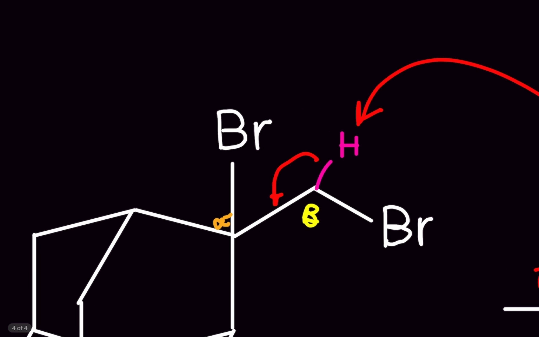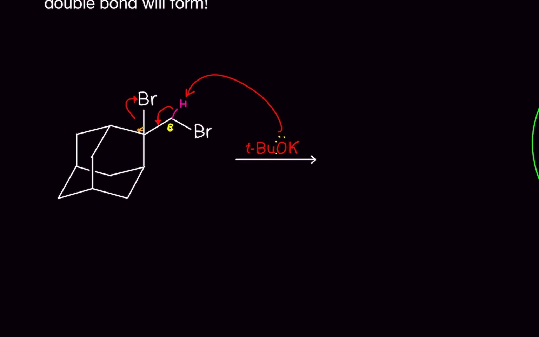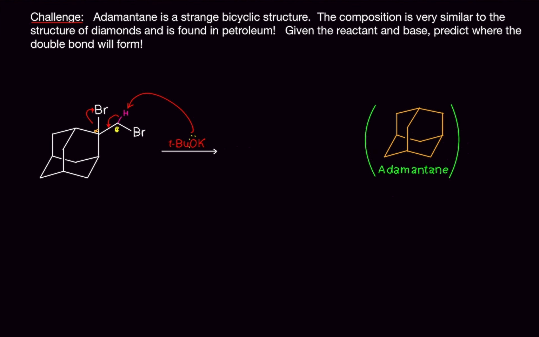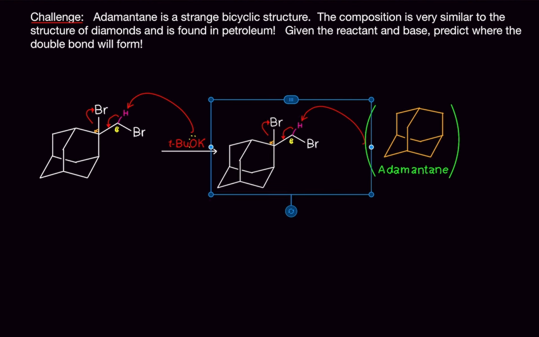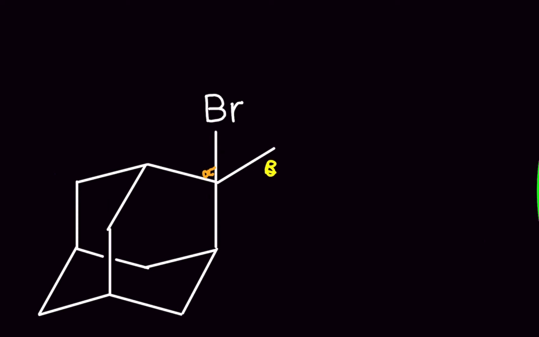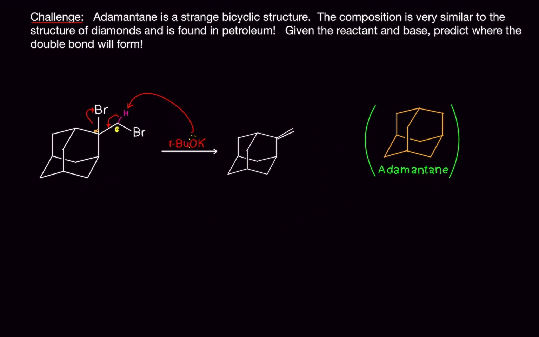Double bond forms between the alpha and beta carbons, and this leaves. Okay, delete arrows here. The alkyl halide leaves. This, and we get ta-da! And that's the answer.